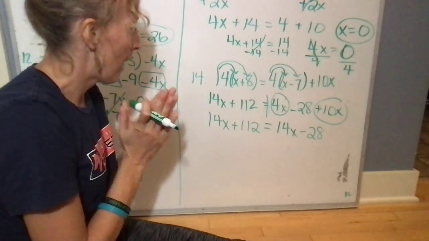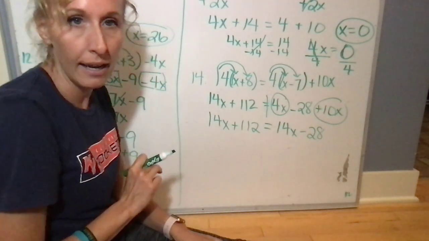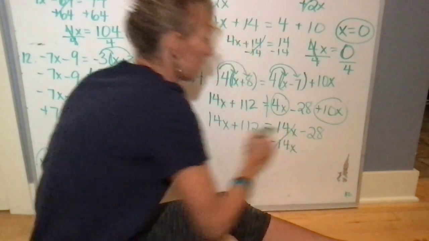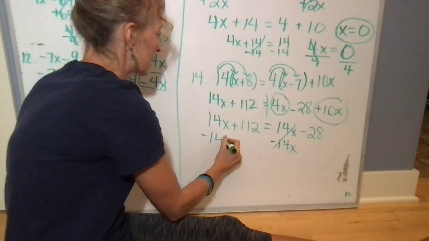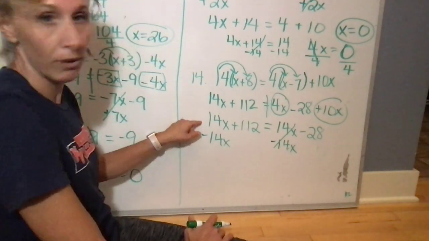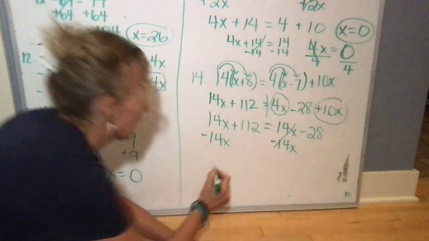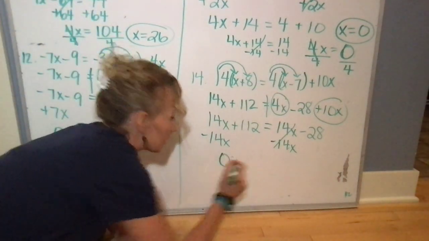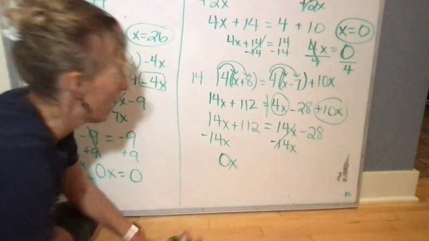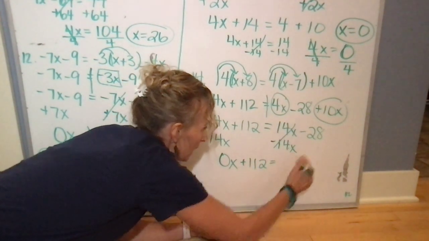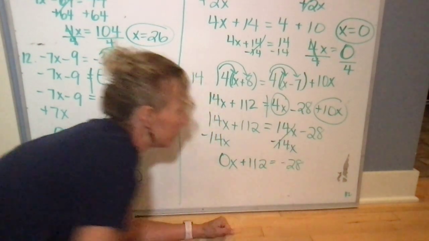Okay, we still have 2 variables, but they're on different sides, so we need to cancel one out. All right, I'm going to cancel the one on the right side. So, minus 14x, bye-bye. Minus 14x here. 14x minus 14x is 0x. 0x, that's okay. We know something weird's going to happen here. Plus 112 equals, bring down negative 28.